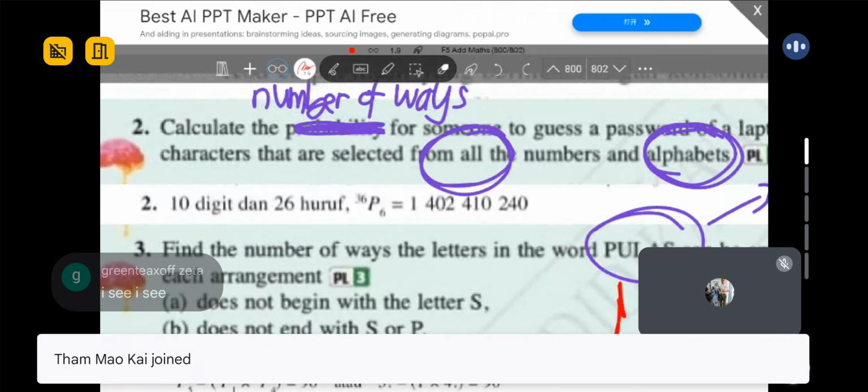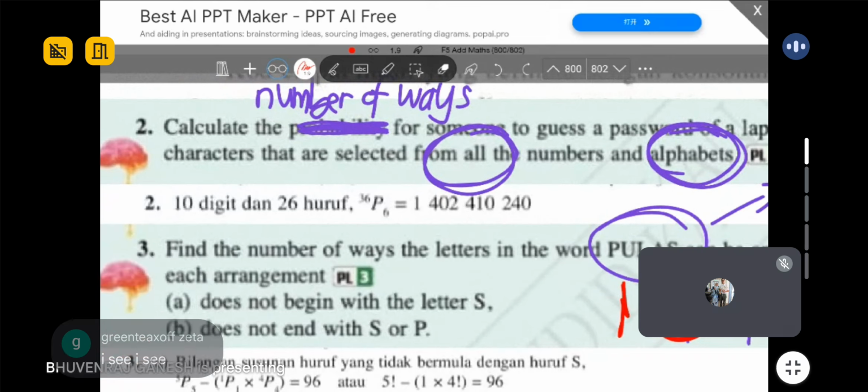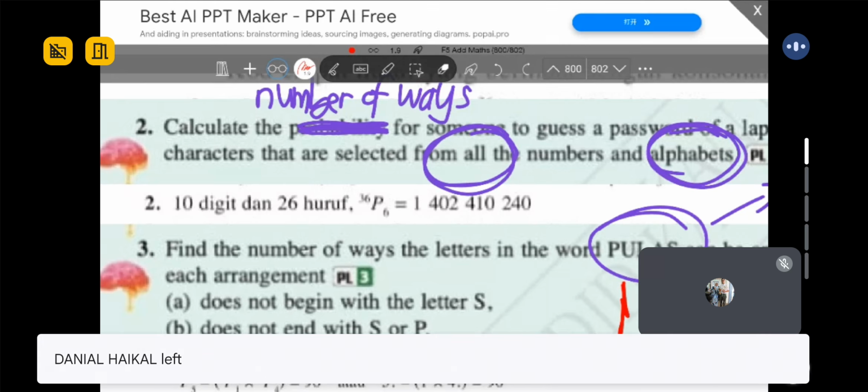Question B. That's why I say this topic is more free lah for you. Because kamu tak ada apa-apa halangan. Kamu boleh mencuba pelbagai kaedah. Asalkan dapat jawapan. So it's more liberal. You can think freely. As long as you get the correct answer, you're correct lah. Simple as that.